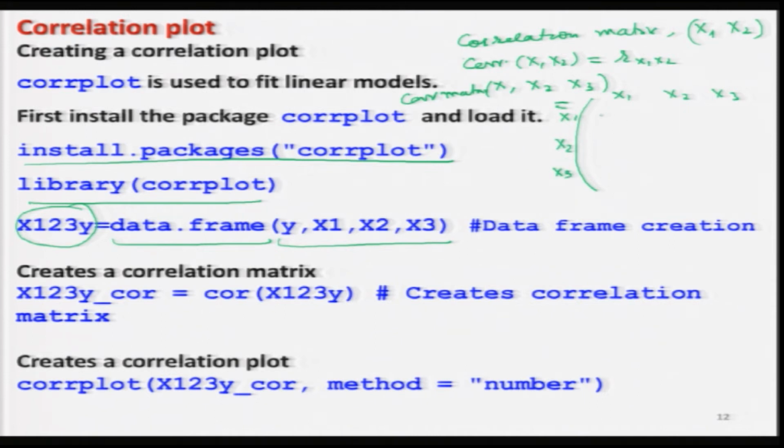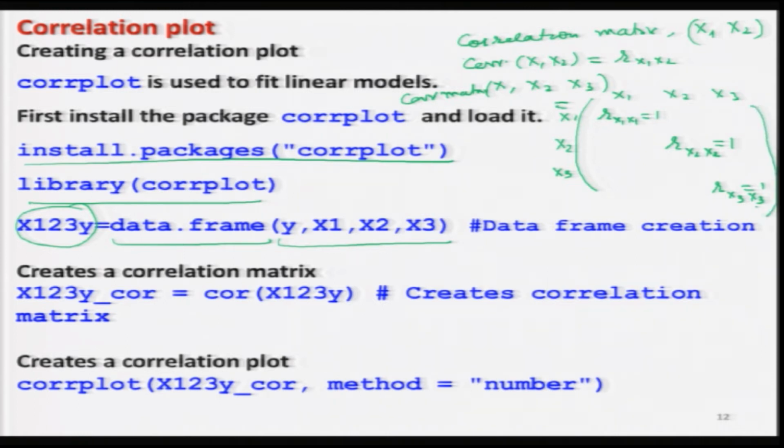The first entry will be the correlation coefficient between x1 and x1, which is equal to 1. Similarly, the second diagonal element will be r x2, x2, the correlation coefficient between x2 and x2, which is 1. And the third diagonal will be the correlation coefficient between x3 and x3, which will again be equal to 1.